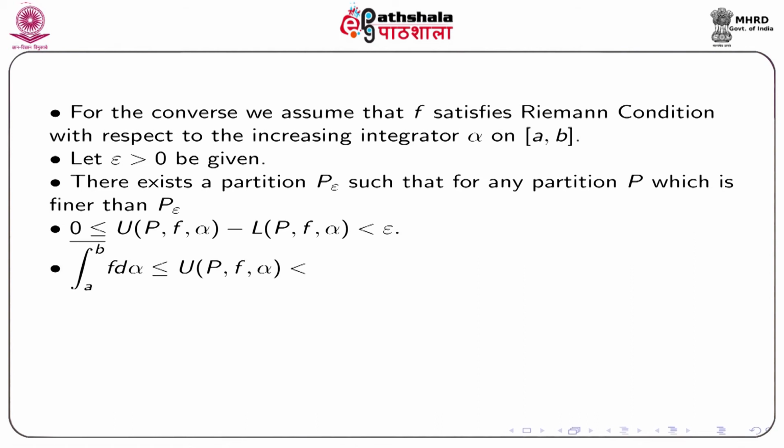Then it follows that the upper Darboux-Stieltjes integral, integral a to b f d alpha, this is less or equal to U p f alpha, but this is less than L p f alpha plus epsilon, and this is again less or equal to the lower Darboux-Stieltjes integral plus epsilon.